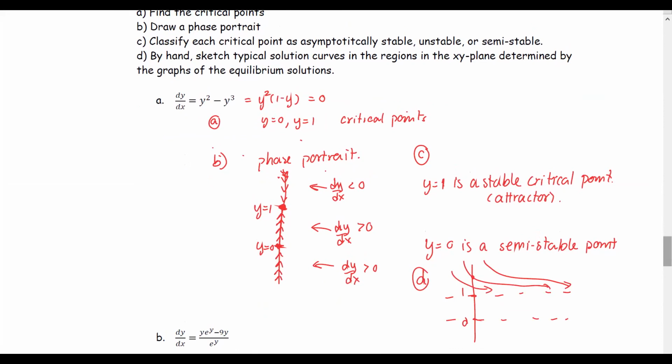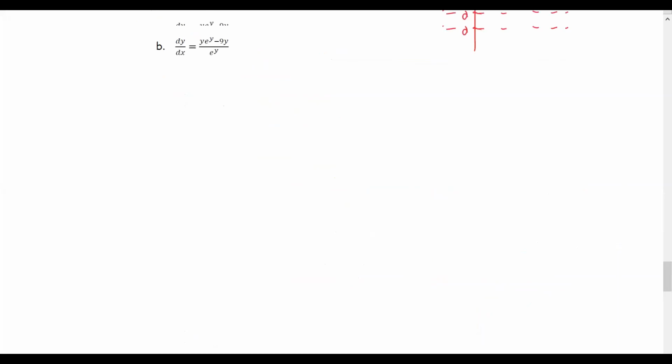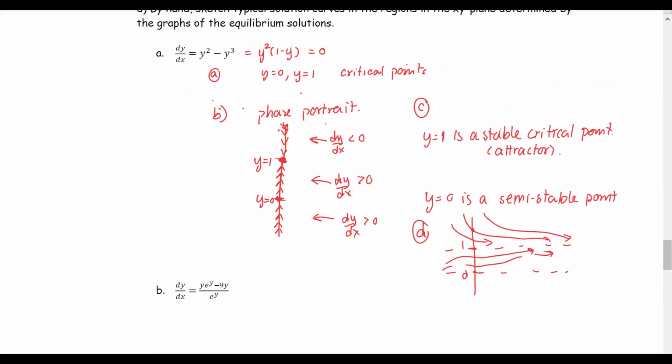For y between 0 and 1, the solution curve is increasing toward the line y equals 1. For the region of y less than 0, the solution curve is increasing toward the line y equals 0.